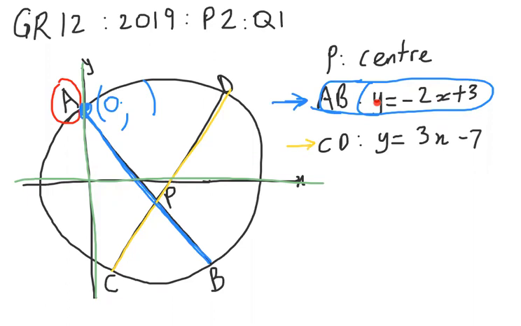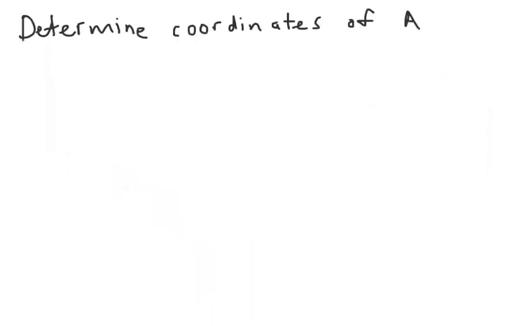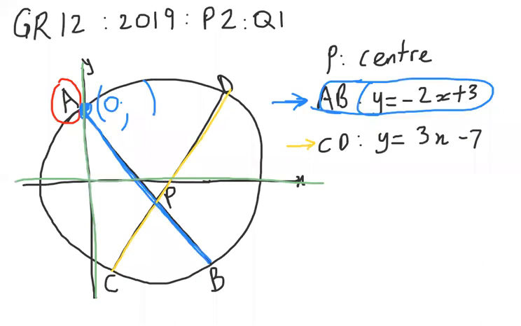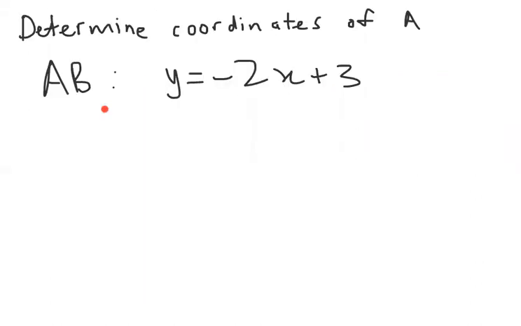All right, so let's see if we can determine A. Let's write down the equation of AB again: y equals minus 2x plus 3. Like you saw on the picture, we have 0 for x. So we're just going to do normal substitution: where we see the x, we put the 0, and then continue.